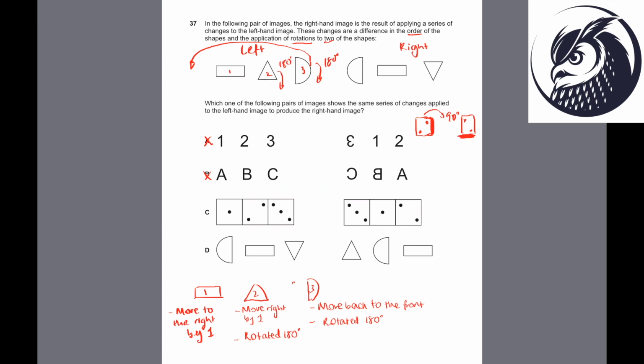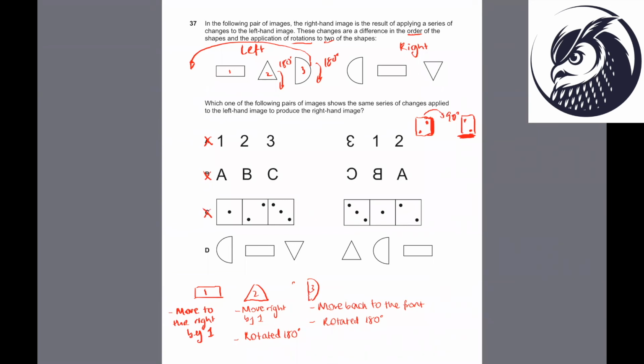And so therefore the dots should follow suit like that. And you can see that that's what it looks like here. So you can see that it's only been rotated by 90 degrees. It hasn't been rotated by 180, which is what's required. So therefore, answer option C is also incorrect.